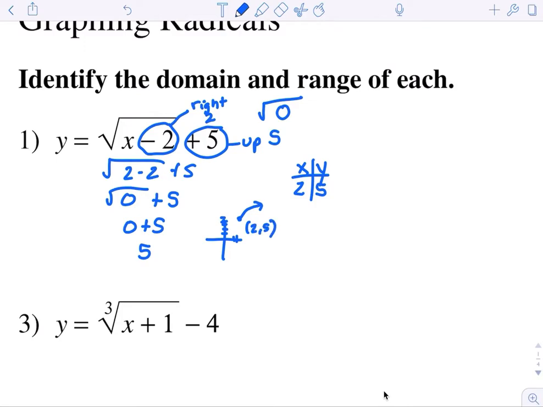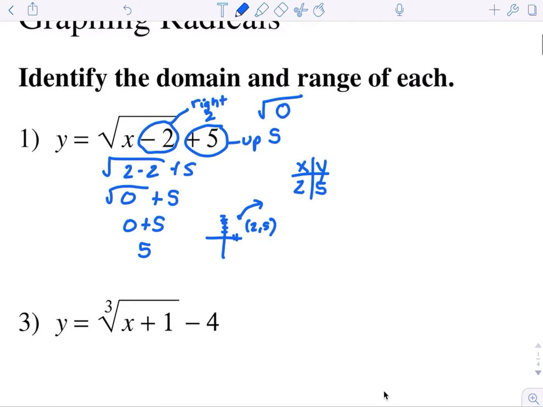So you know the function's increasing, so to find your domain, it's essentially just going to be, well, how far left does the graph go? Well, it goes to 2. How far right does it go? To infinity.